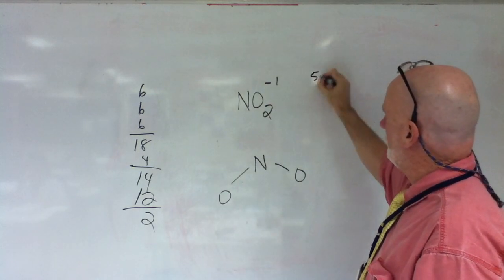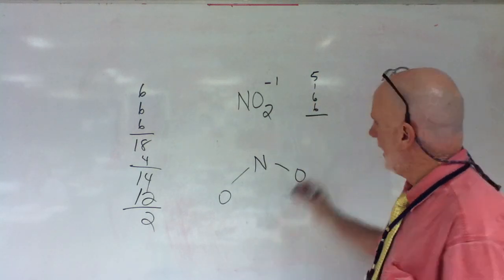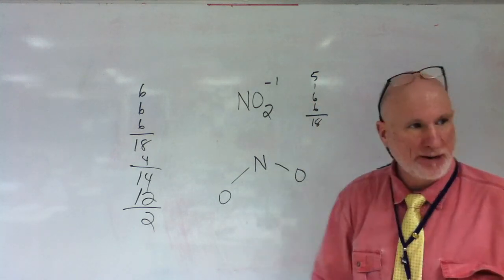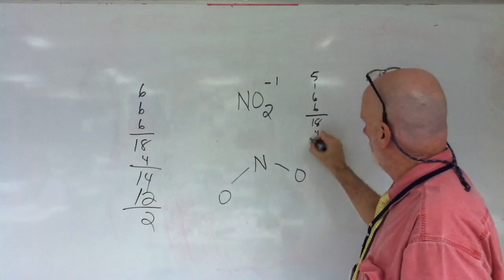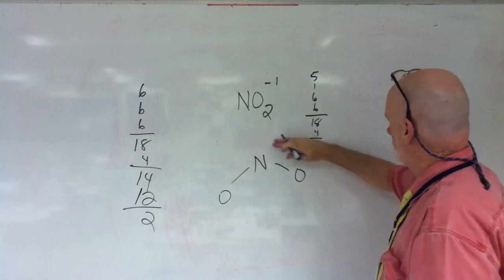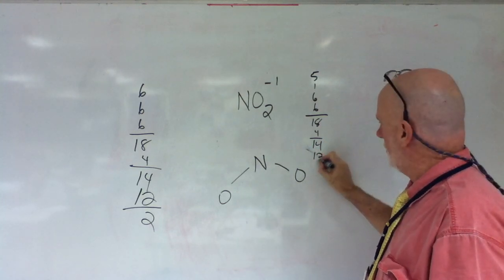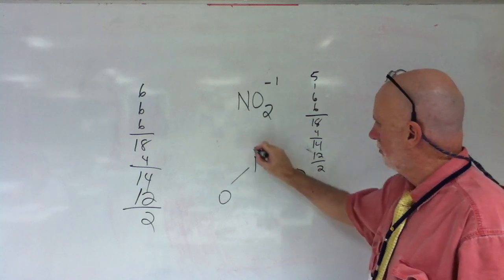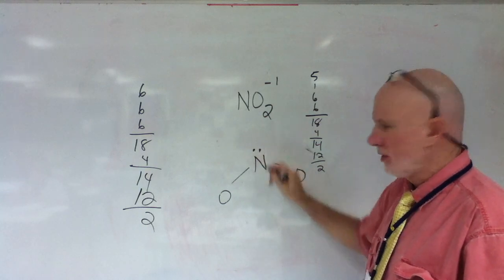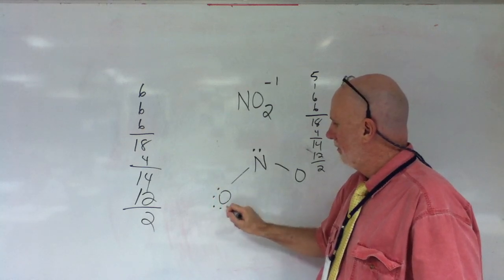So you have 5, 1, 6, 6, which is 18. Minus 4 is 14. Minus 12 is 2. So then you have these here.